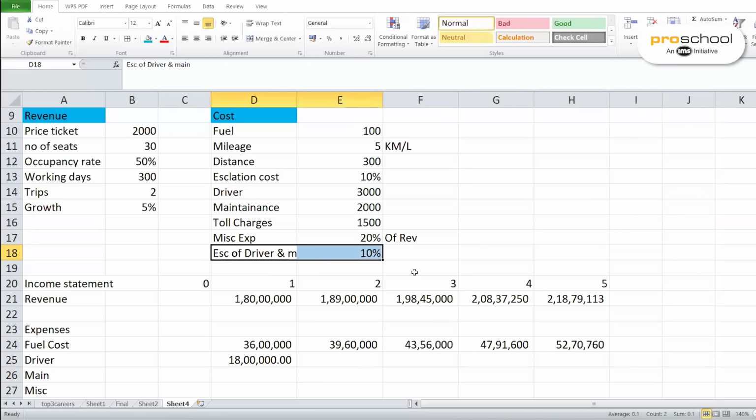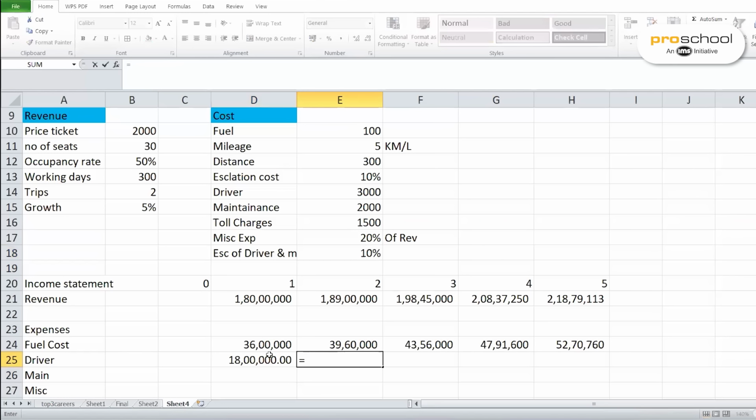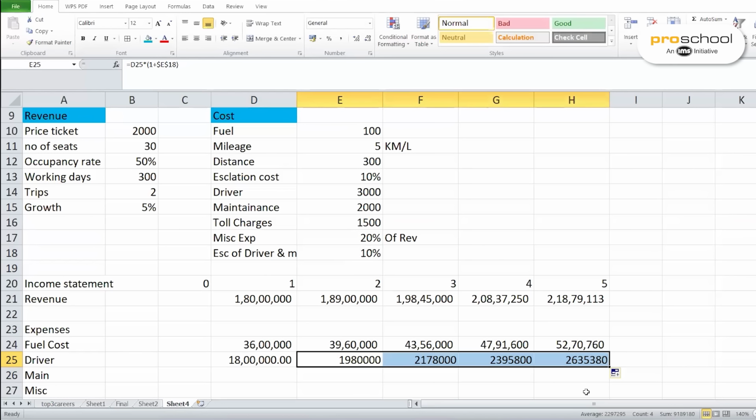The driver cost is increasing by 10% every year. So again, the same formula: equal to the previous year driver cost into bracket start 1 plus the escalation part, freeze the escalation, close the bracket and simply enter. So the next year driver cost will be how much? 19 lakh 80,000. And simply now I can drag it further for all the years, right?